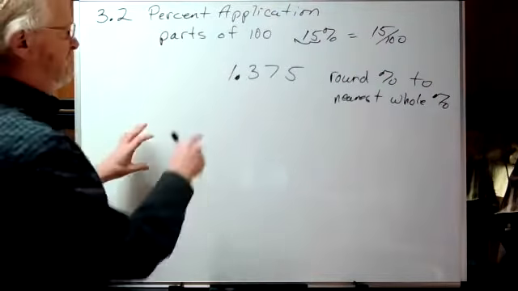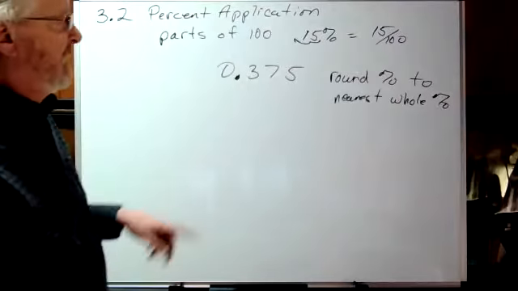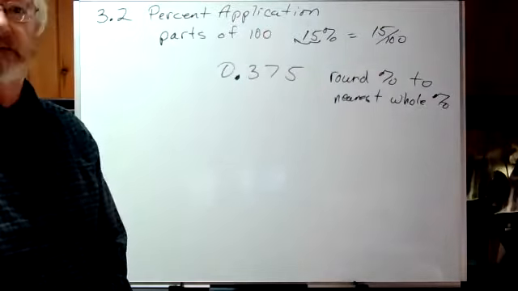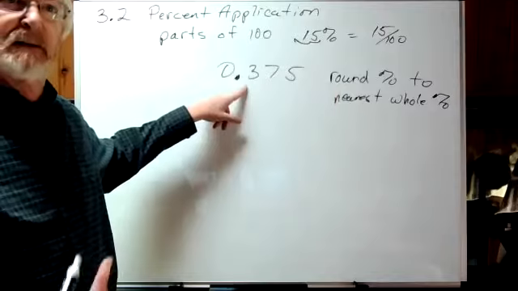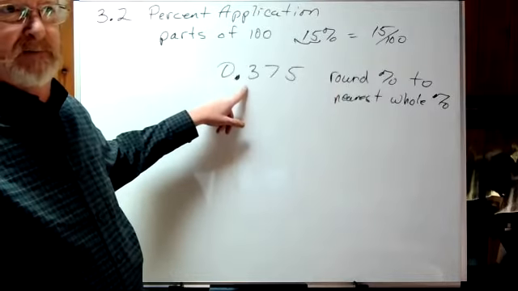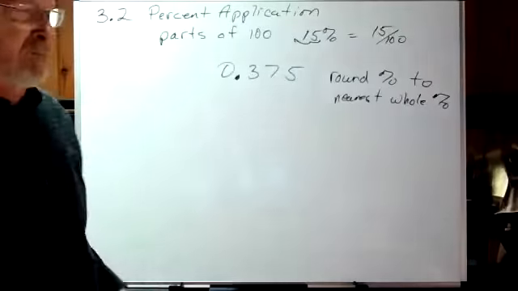If you'll allow me, okay, I'm going to just make it a 0.375, not over 100%. Round the corresponding percent to the nearest whole percent. This is a decimal value, and this part was saying, once you turn it into a percent, then round the percent value to a whole number. Don't try to round the decimal early, right? That'd be like 0, if I rounded to the whole number. Turn it into the percent and then do the rounding is what I'm getting at.